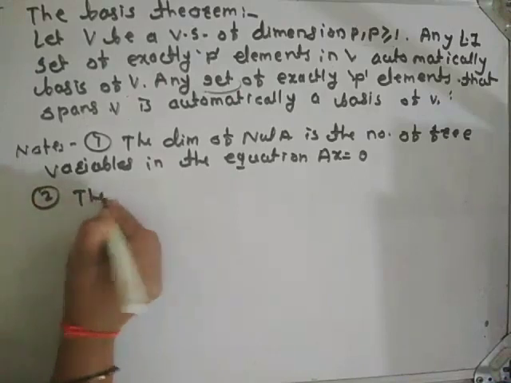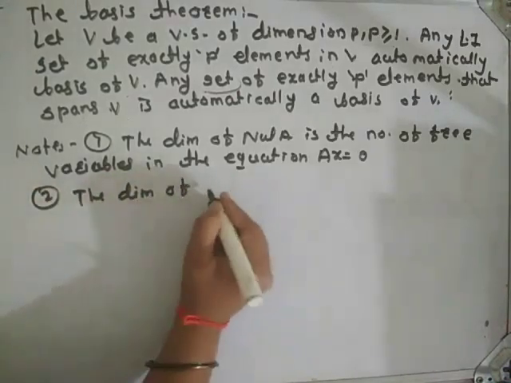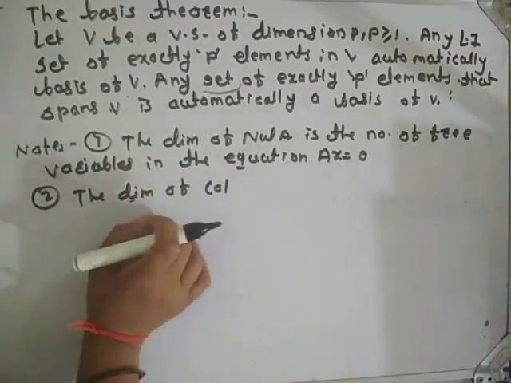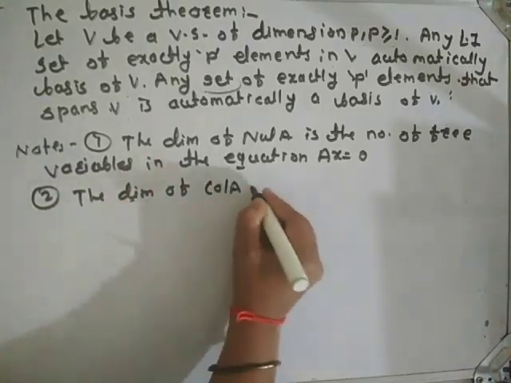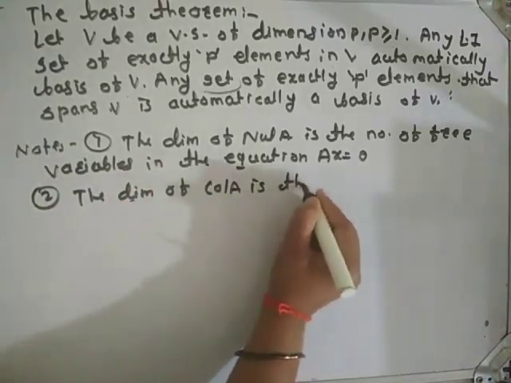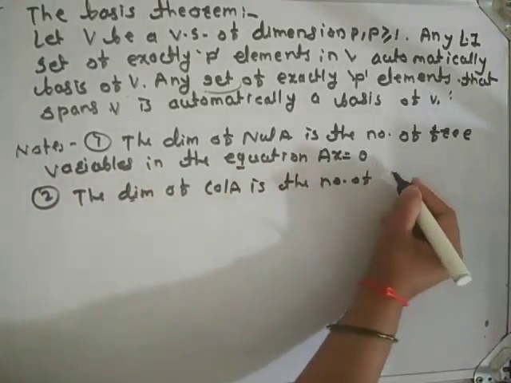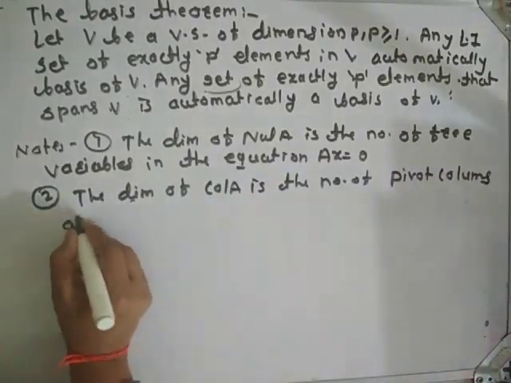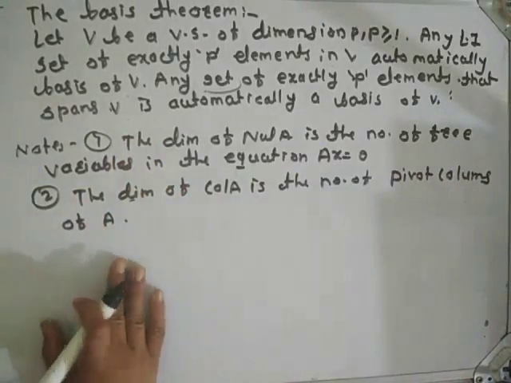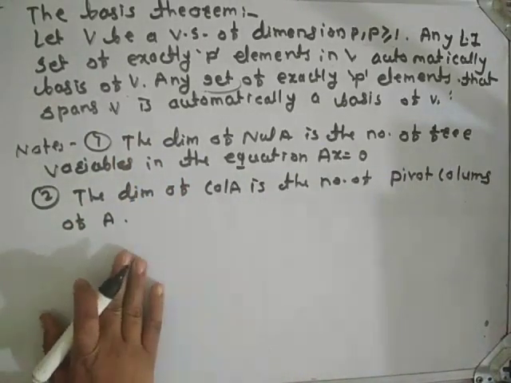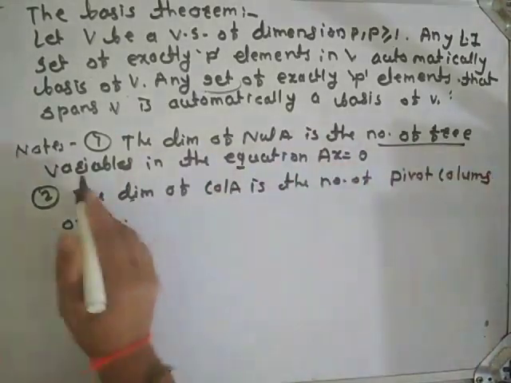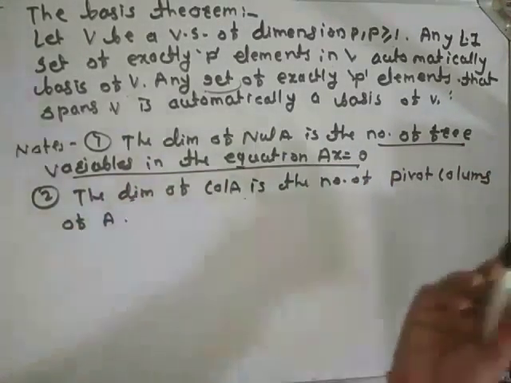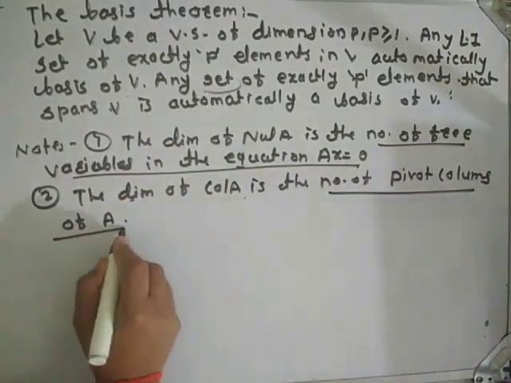And second, the dimension of column space of A, for dimension I will write only dim, is the number of pivot columns of A. These are very important results which will be useful for solving problems. Dimension of null space is the number of free variables in the equation Ax equals 0, and dimension of column space of A is the number of pivot columns of A.